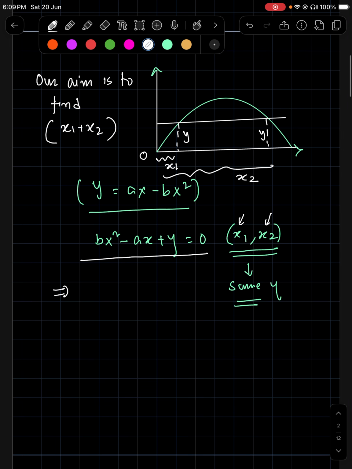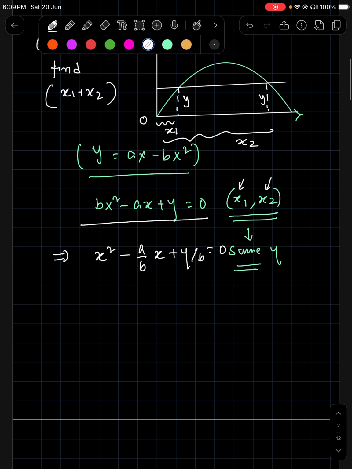So if I divide the whole equation by b, it becomes x square minus (a by b) x plus y by b equal to 0. We know that any quadratic equation written as x square minus alpha x plus beta equal to 0 has alpha as the sum of the roots and beta as the product of the roots.